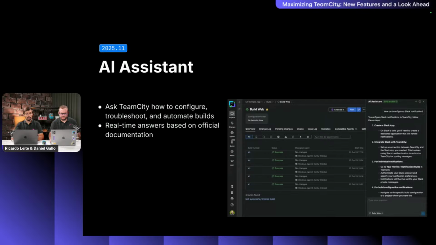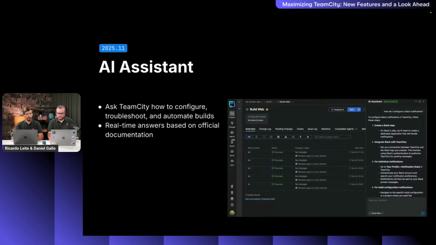This is based on real docs, so every response is based on the official TeamCity documentation, ensuring you get accurate, up-to-date information, so no outdated answers and just reliable guidance. It also provides a build failure analysis feature, and it goes beyond just answering questions. The assistant can discuss and analyze your specific build failures. Share your error, and then you can get contextual solutions tailored to your situation.